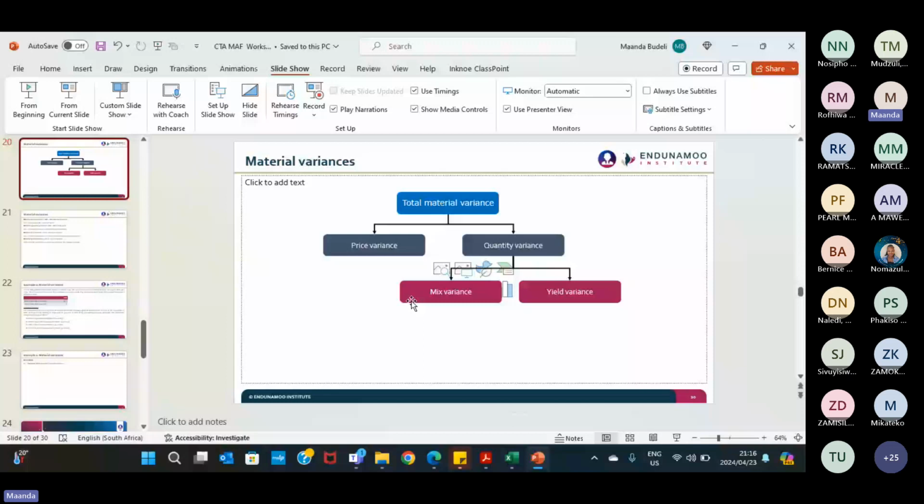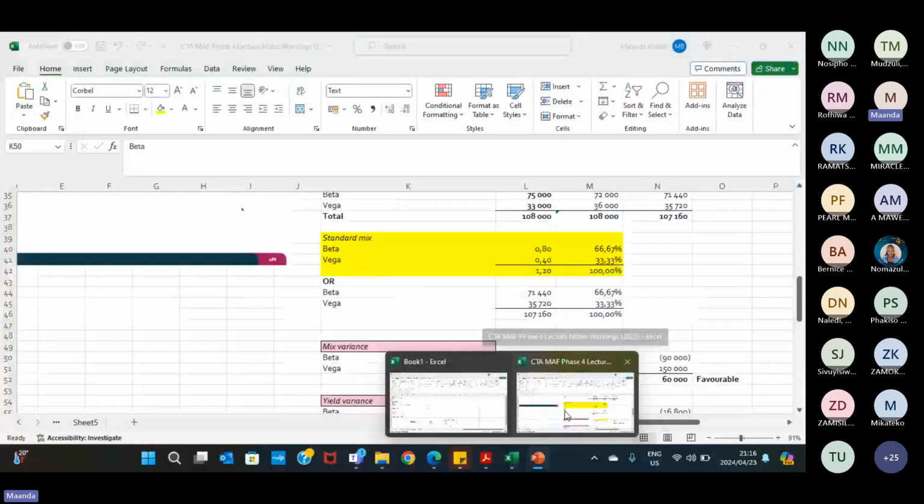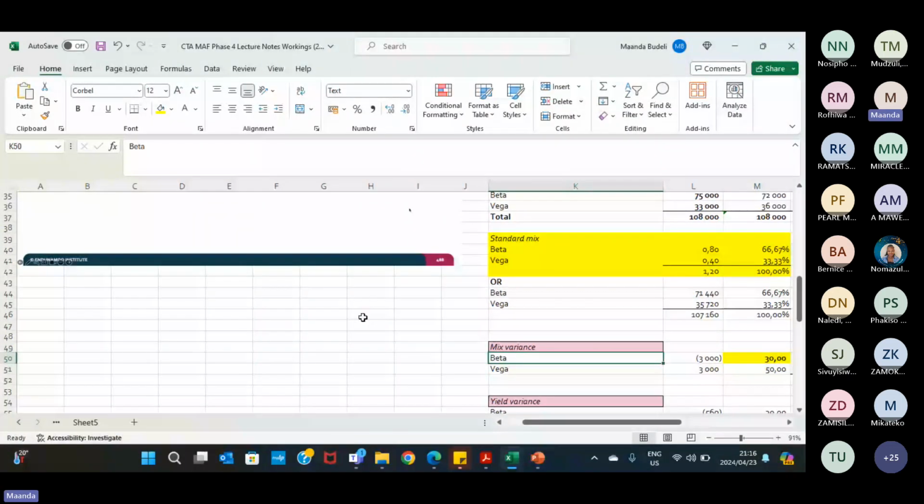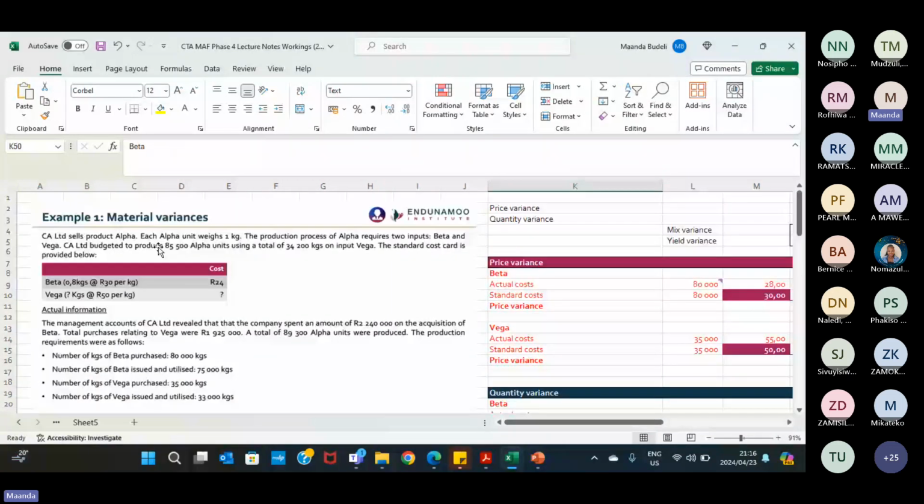I will mix 40% of product A and I will mix 40% of product B. That is my standard mix. That is the first thing that you need to think about. So you need to come back here and say, when I produce 1 unit of alpha, it needs 0.8 kg of beta and it needs 0.4 kg of vega to give me 1 unit of alpha.